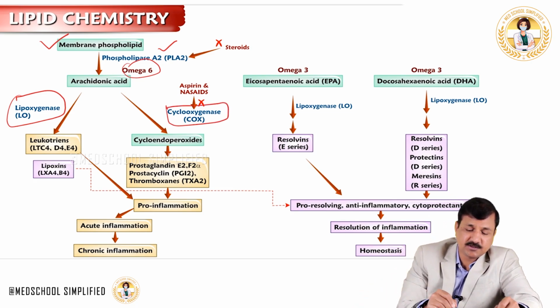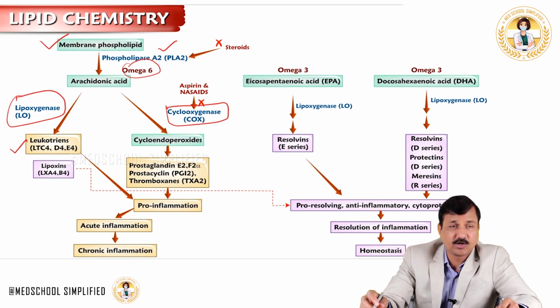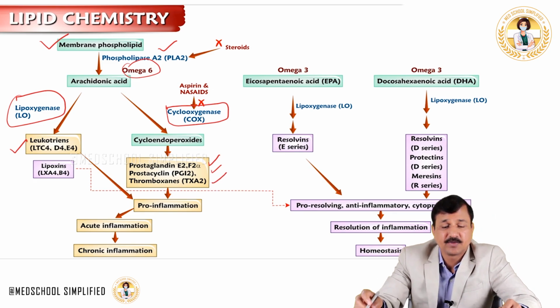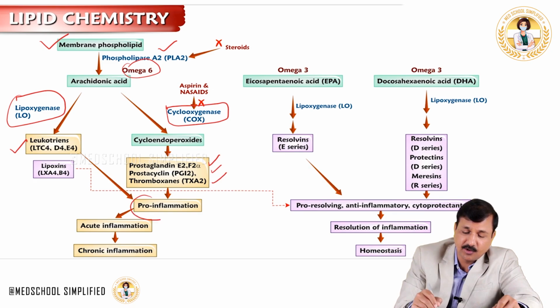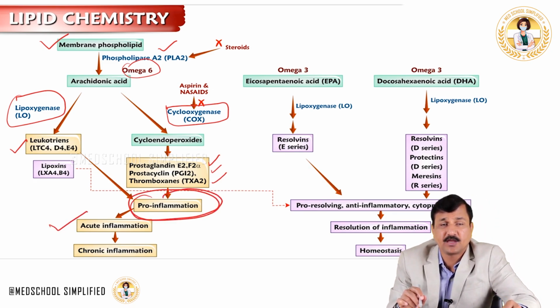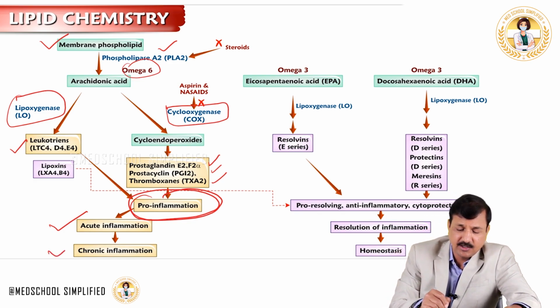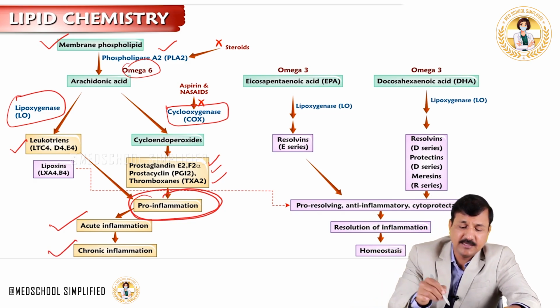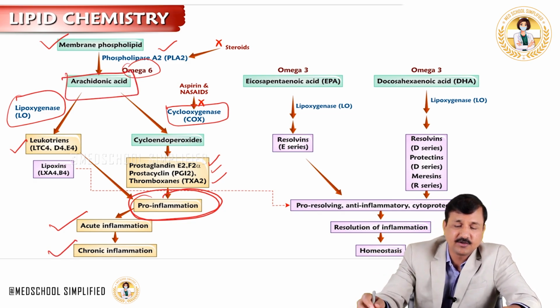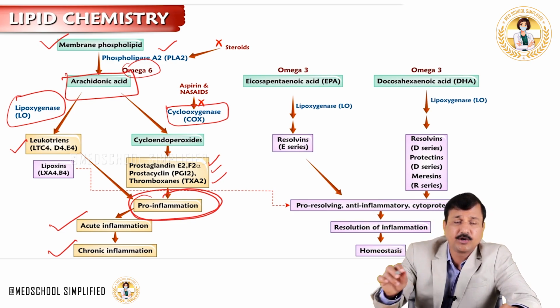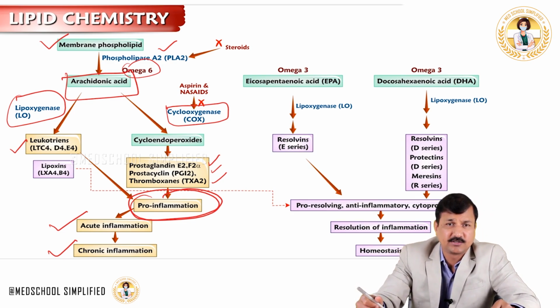In the lipoxygenase pathway you get leukotrienes, lipoxins, whereas in the cyclooxygenase pathway you are going to get prostaglandins, prostacyclins, thromboxanes, and all of these molecules are pro-inflammatory in nature, so they will lead to acute inflammation. And if this acute inflammation is not resolved in time, it will go into chronic inflammation. That means arachidonic acid derivatives, which are omega-6 family of fatty acids, all will produce pro-inflammatory molecules.